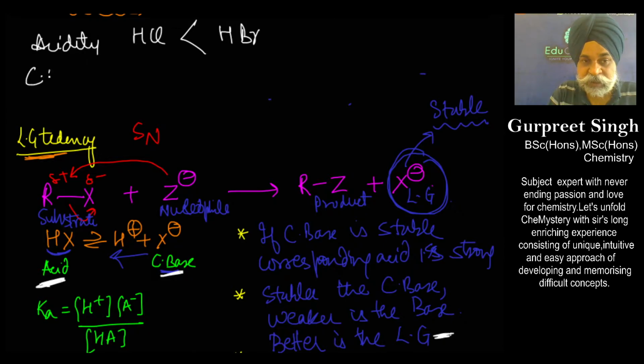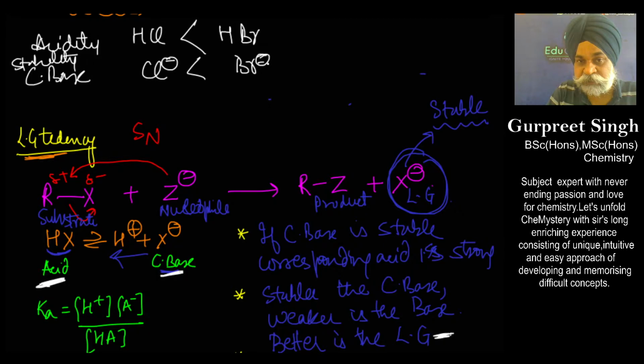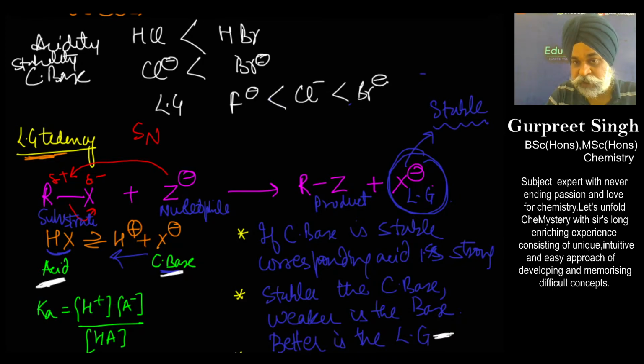Because if I talk of the stability of the conjugate base, Br negative would be more stable as compared to Cl negative. Because of the bigger size of bromide, the negative charge would be dispersed better, so Br negative would be more stable. So you should remember that the leaving group tendency in case of halide ions is: fluoride is not a good leaving group, whereas chloride is better than fluoride, and iodide is the best leaving group.